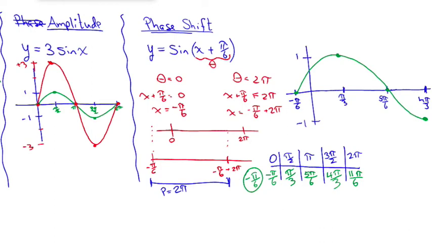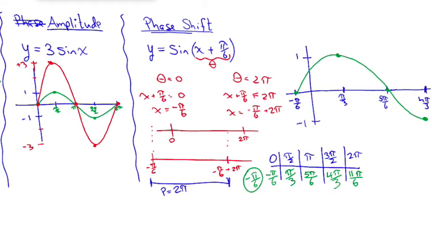So that's not too bad. We have amplitude and phase shift. What else can we do to this mess? The period. Affecting the period affects the frequency. If you shrink the period, it increases the frequency.